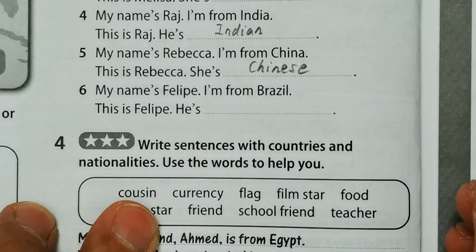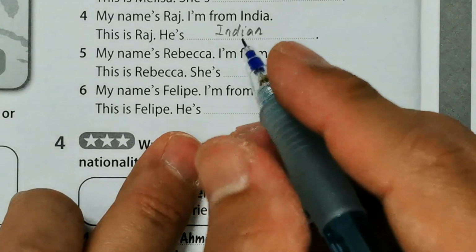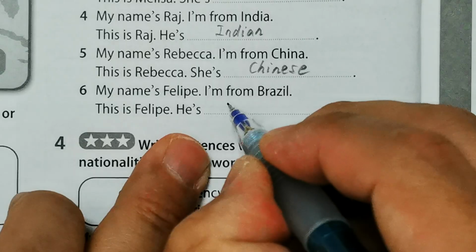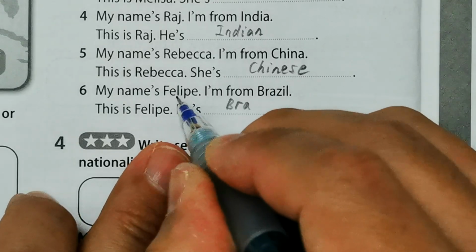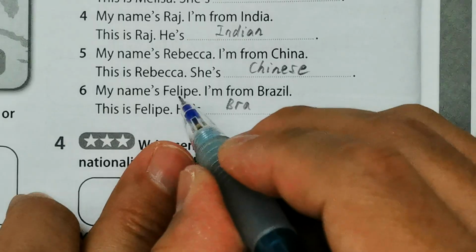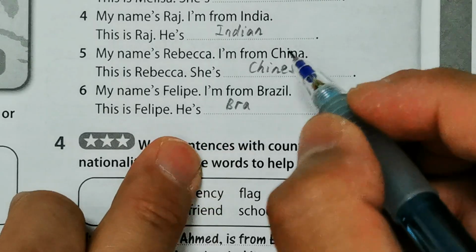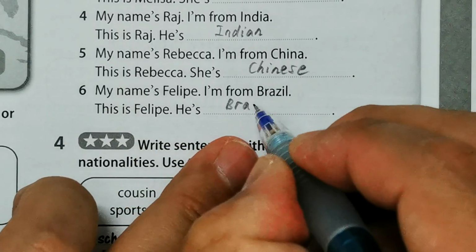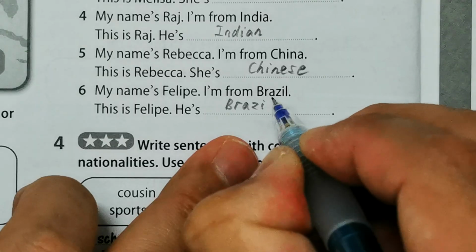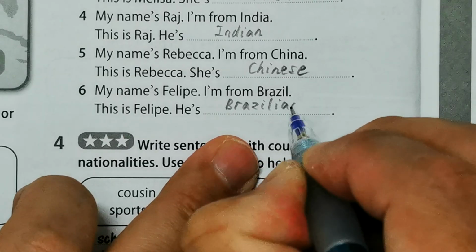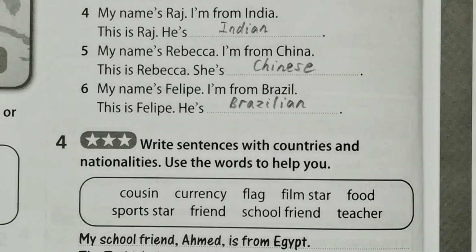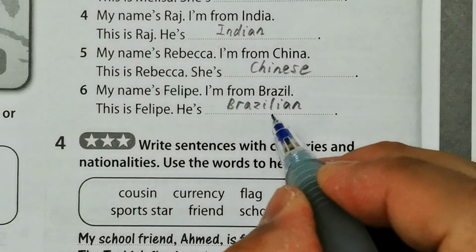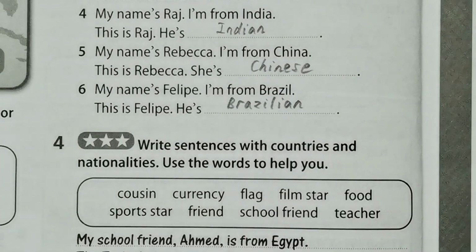This is Felipe. He is Brazilian. So maybe I'm not pronouncing it correctly. So Brazilian. So note that this is not double L, just single L, Brazilian.